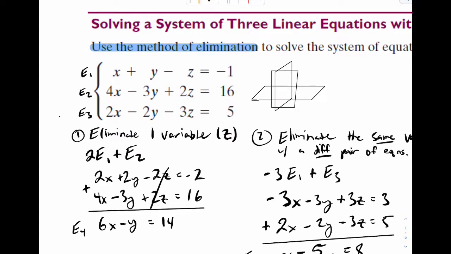The point where these planes meet, so this picture, let's say it's like right here. The point where every single plane touches, that is the solution. So that's what we're dealing with here. These three equations that are given are just 3 planes and we're looking for where they meet.